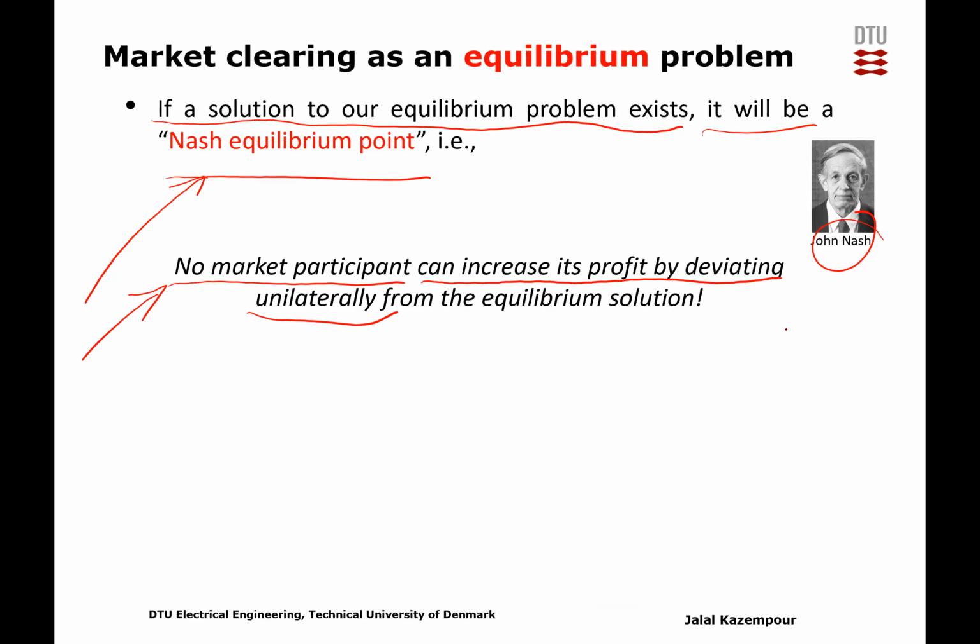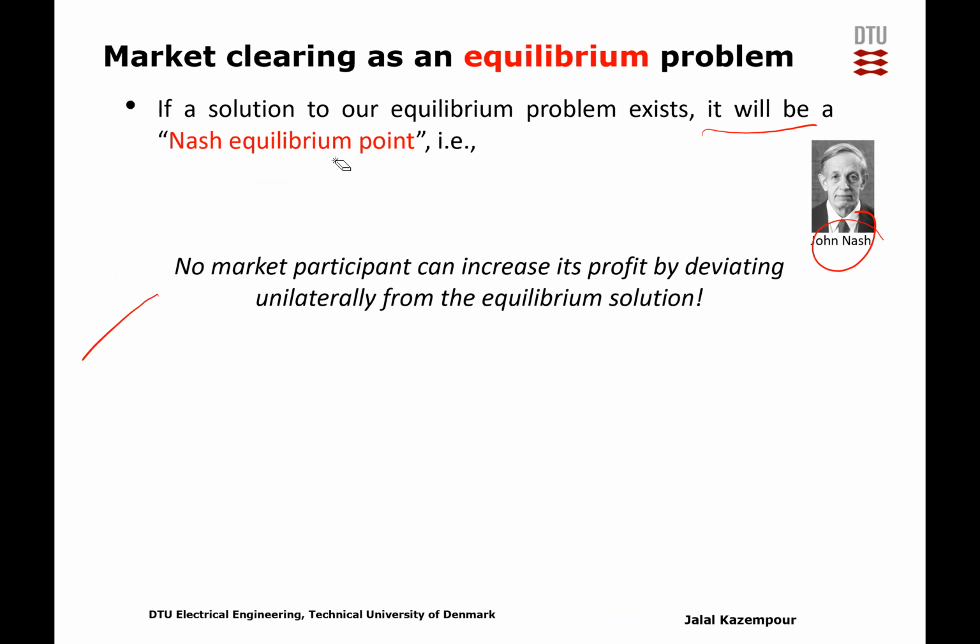It means that, for example, if at the equilibrium point generator G1 produces 100 megawatt, and this generator decides to go for 99 or 101, if it's possible, then it will not earn extra profit. If we have such a point that no one can deviate from to get extra profit, then we call it a Nash equilibrium point. Is it clear? Yeah, good.